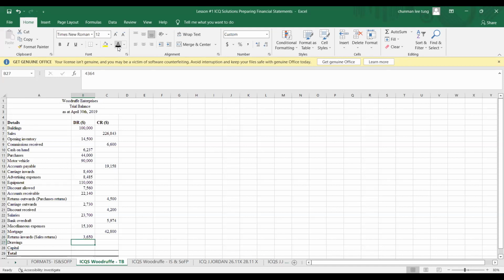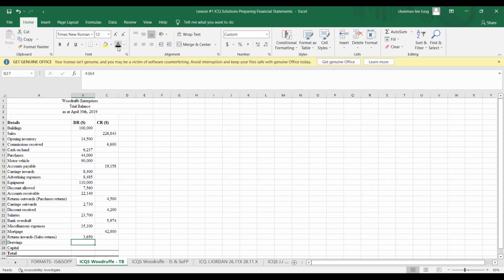Is drawings an expense, you guys? It is not being used for the business. Because drawings is for personal use, we do not and will never put drawings in the profit and loss account. It is not an expense. We're taking out money for personal use.